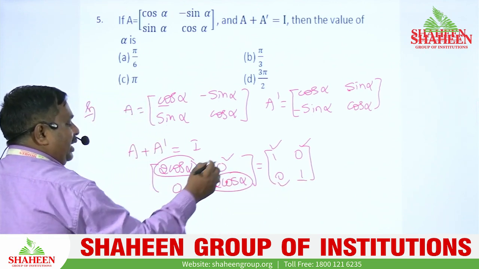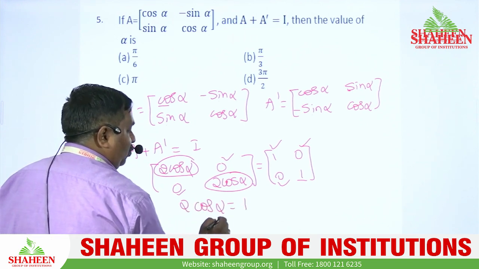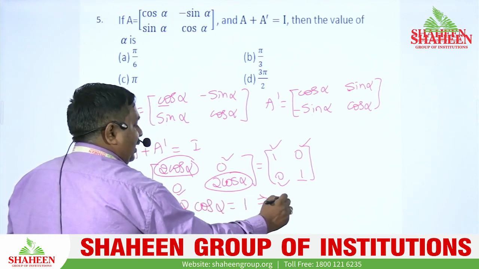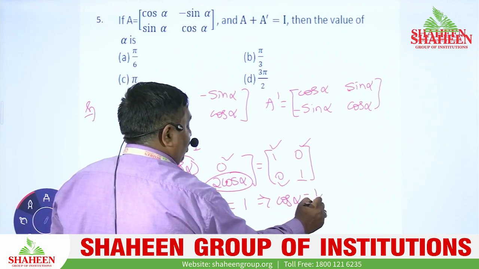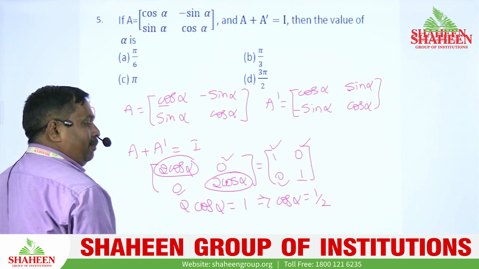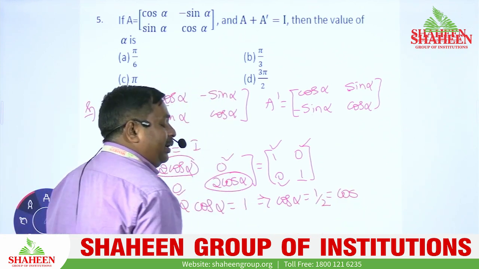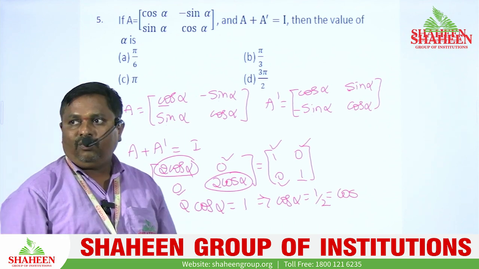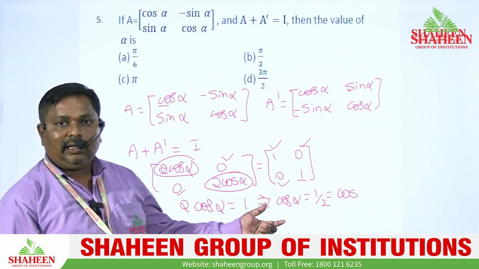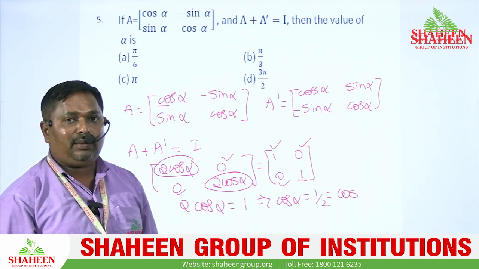So on equating the corresponding elements, we'll get 2 cos alpha is equal to 1, or else we'll get cos alpha is equal to 1 by 2. This 2 I have taken to RHS, it is 1 by 2. And you know, in cos, when will we get 1 by 2 value? For what angle will we get cos alpha equal to 1 by 2?